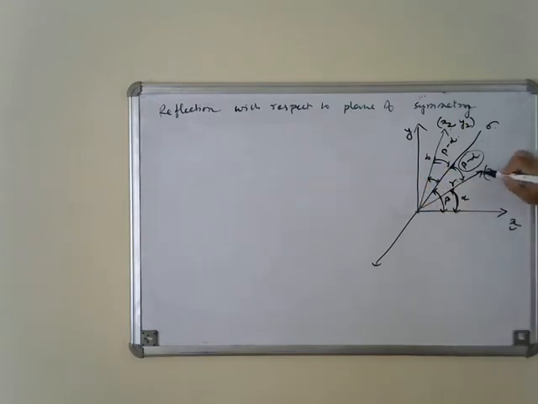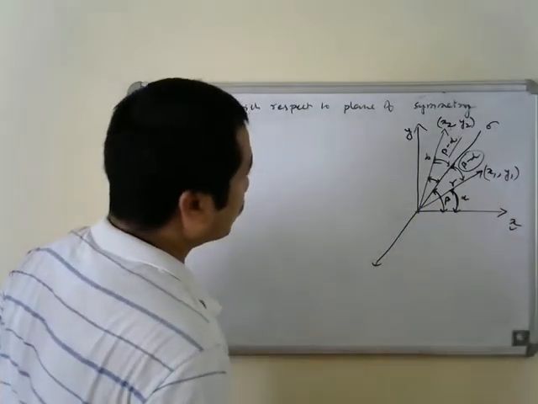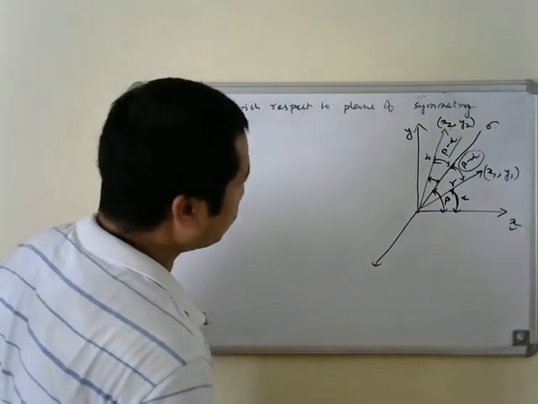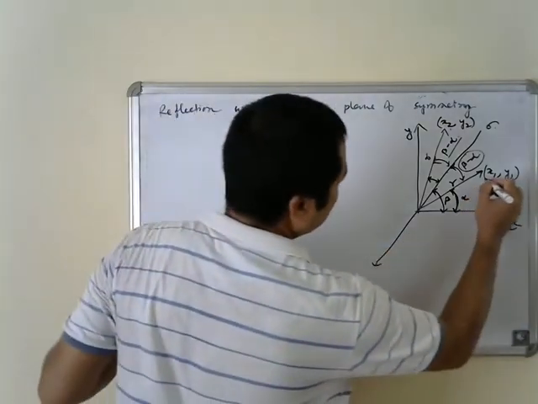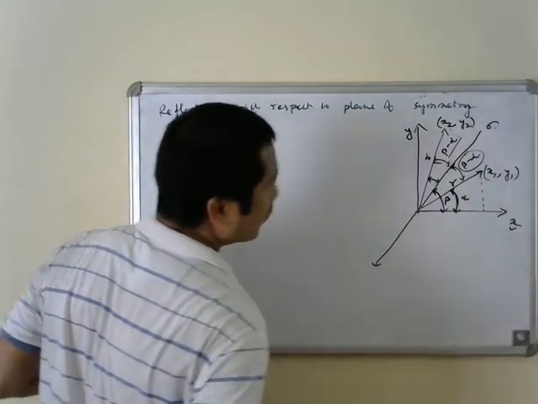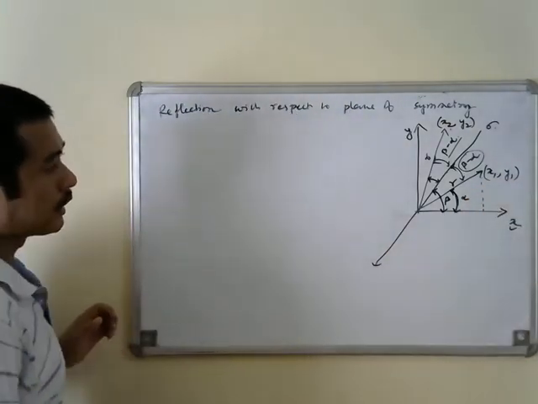So this angle is equal to beta minus alpha, and that is why this angle as well, the angle between the plane of symmetry and the final vector, is also going to be equal to beta minus alpha.